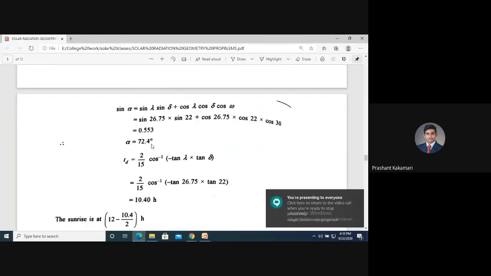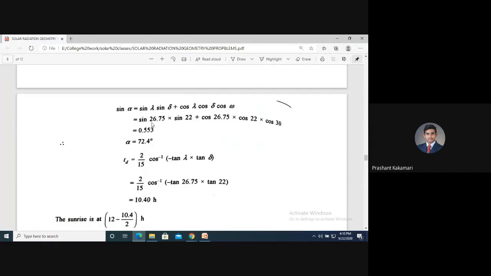Okay, sine of 26.75. Just check once again the values, whether you have taken them correctly. Sine of 26.75, sine 22 plus cos of 26.75 into cos 22 into cos 30. If you have taken all these same values, then alpha equals sine inverse, not cos inverse, sine inverse of this, whatever answer you get.